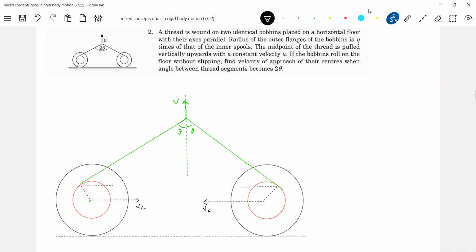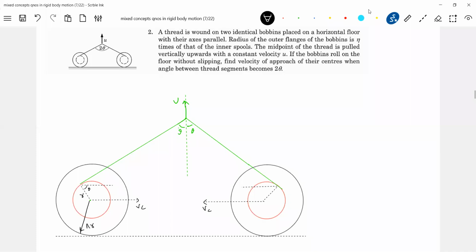Now, the inner radius is R, and the radius of the outer flanges of the bobbin is eta times that of the inner spool. So this is R if you take it. This radius will be eta R. You show it for any one. So this is theta, then this should be theta according to the mathematics.